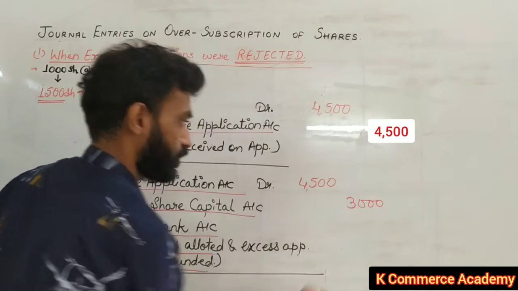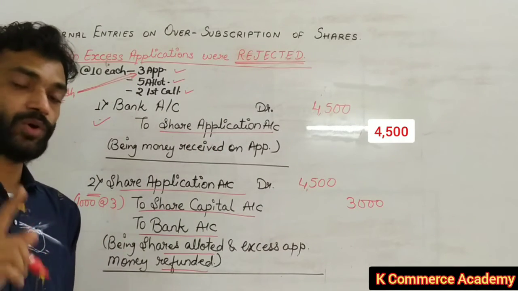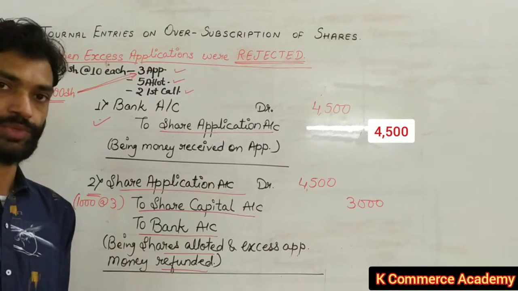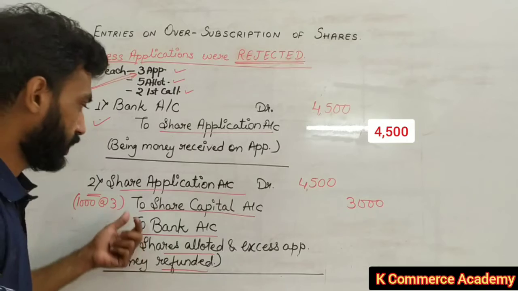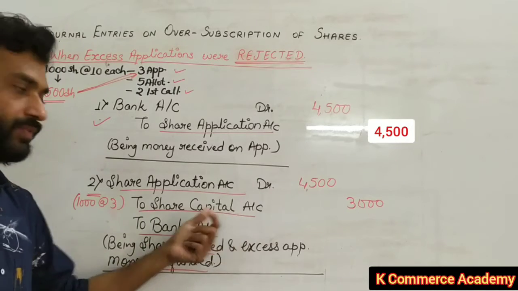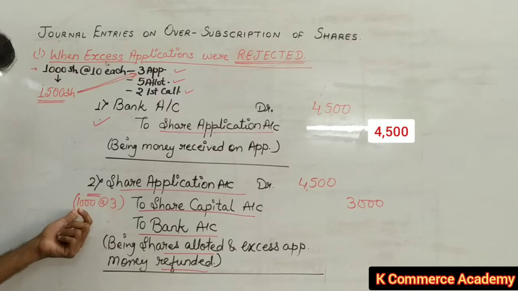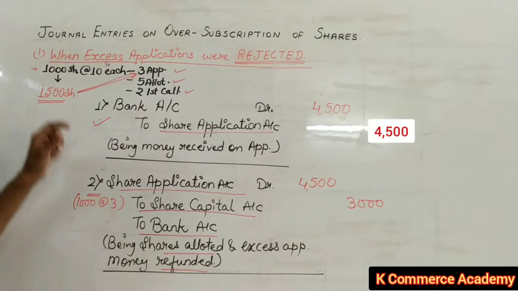I repeat, the share capital account is always credited, whether it is a situation of under subscription, over subscription or equal subscription, whatever it may be, with the nominal value of shares and the actual number of shares issued. So it will be on 1000 shares at the rate of rupees 3.